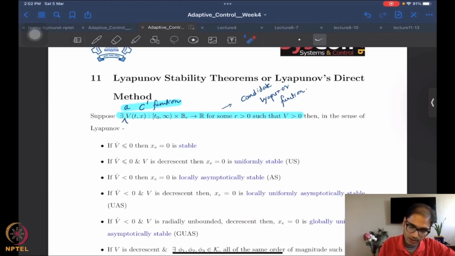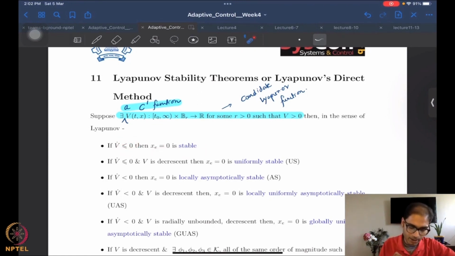Once we have this candidate Lyapunov function, if we evaluate the derivative and it turns out to be negative semi-definite, then the equilibrium is stable. It can be proven. We are going to focus on these two statements very carefully. The first statement says that if V dot is negative semi-definite, that is V dot is less than or equal to 0, then the equilibrium is stable.